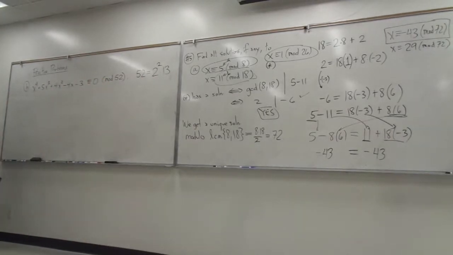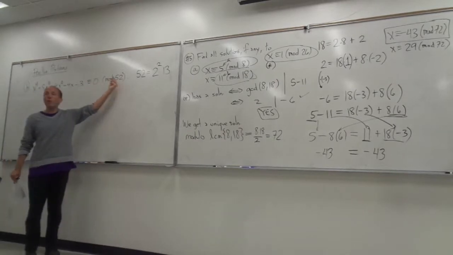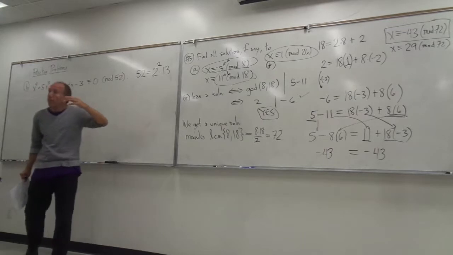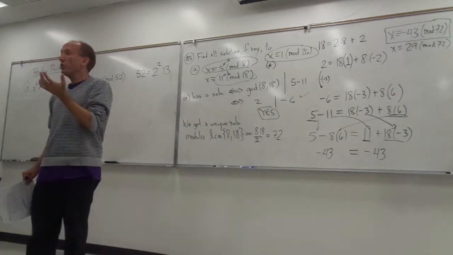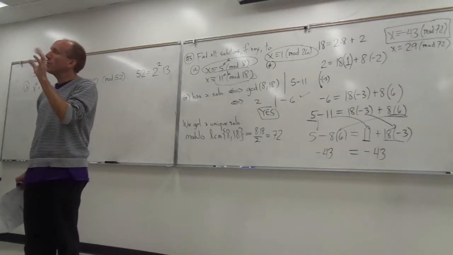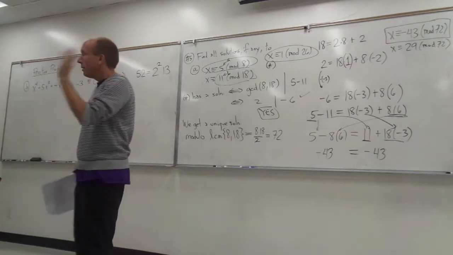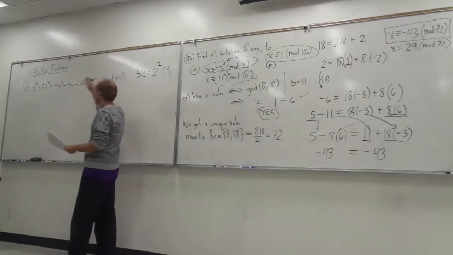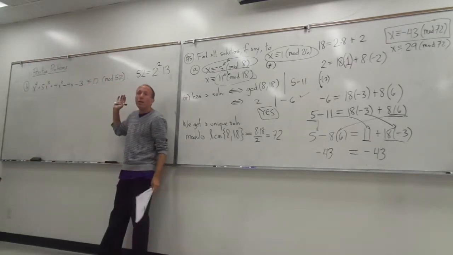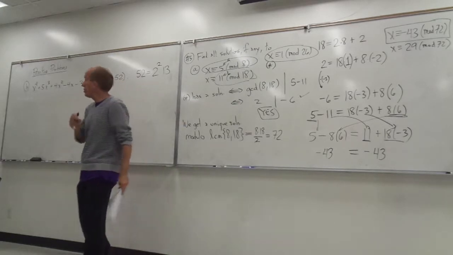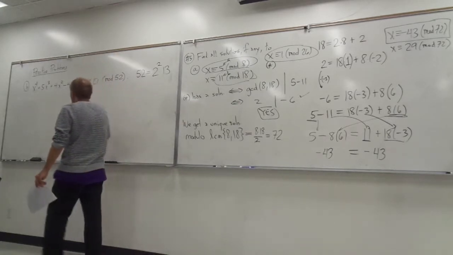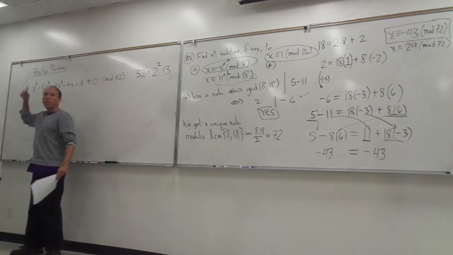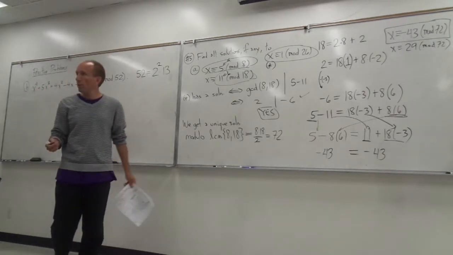Now, by the way, if we were looking at this congruence modulo 13, 13 is a prime. And at that point, we could remember Lagrange's theorem. Remember, Lagrange's theorem tells you that as long as you're looking at a polynomial modulo a prime, the number of solutions to it is at most the degree of the polynomial.